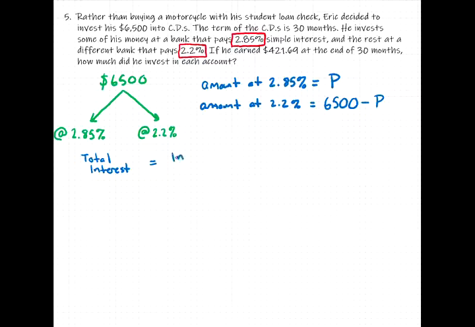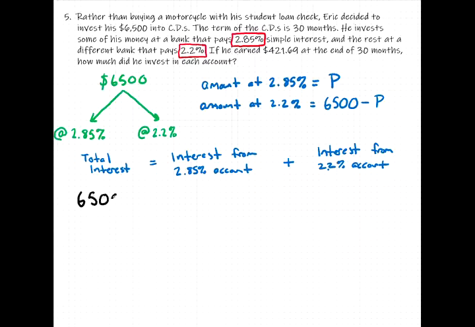So let's say interest from the 2.85% account plus the interest that's coming from the 2.2% interest account. All right, so we know the total interest.